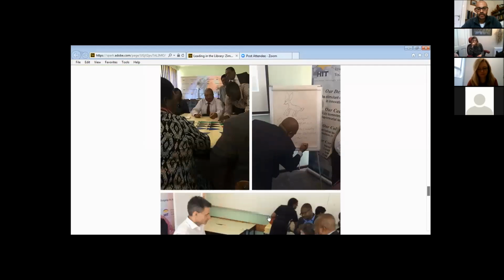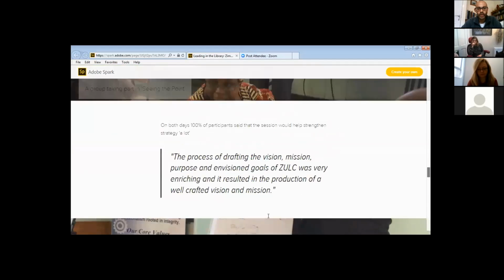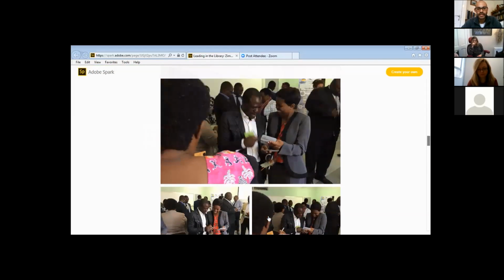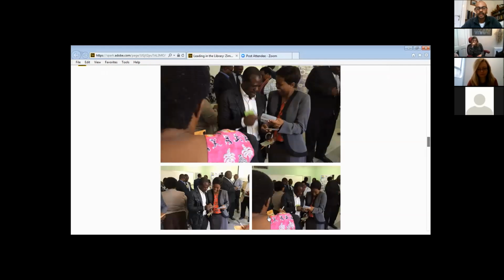And that's exactly what we did with the Caplor House, which is the exercise that Ian was talking about earlier, which many of you will remember is about helping individuals and organizations to understand thinking preferences.